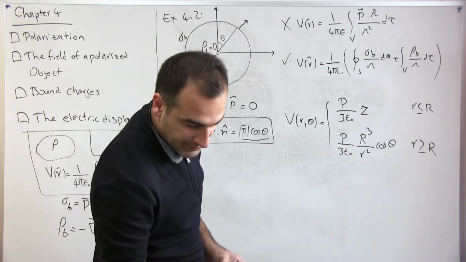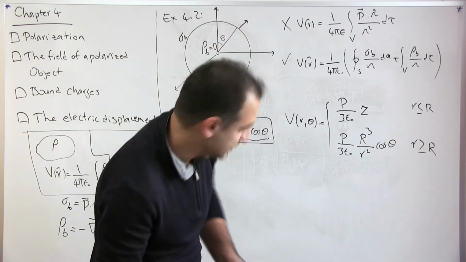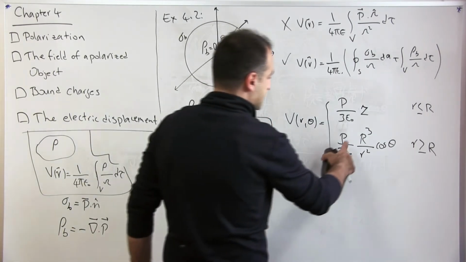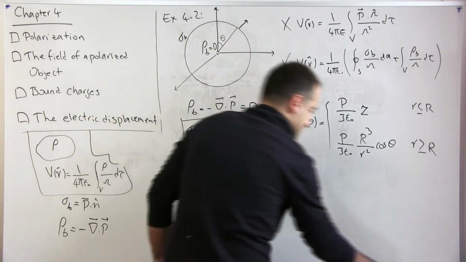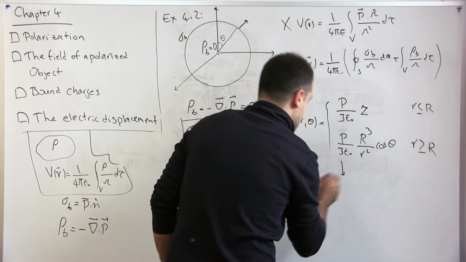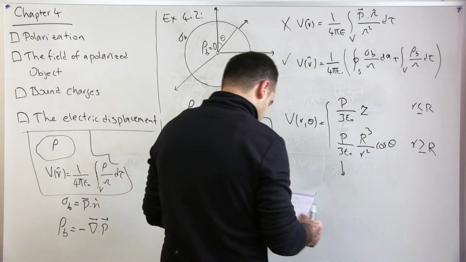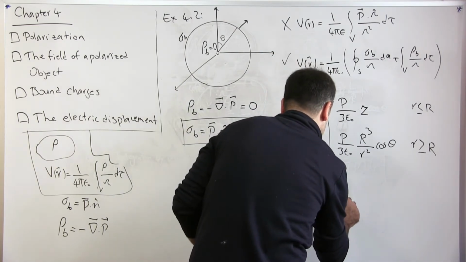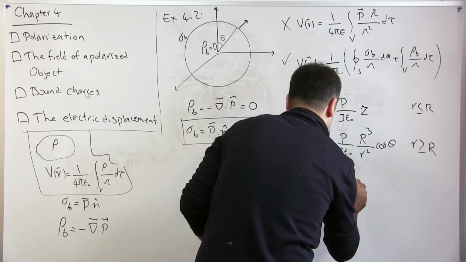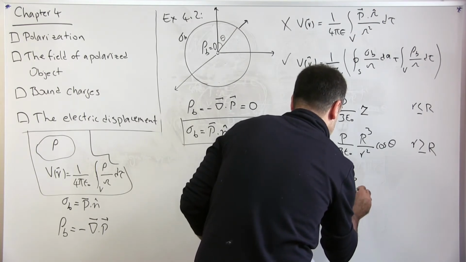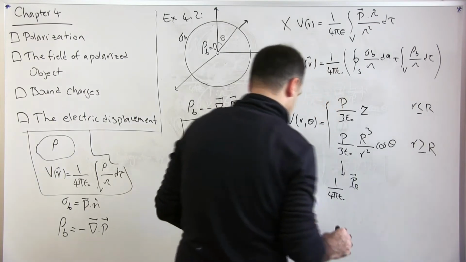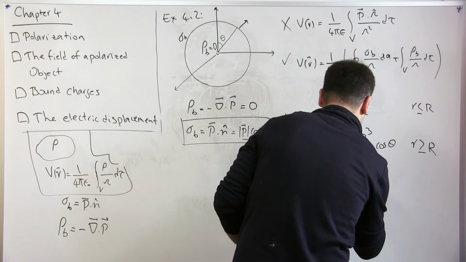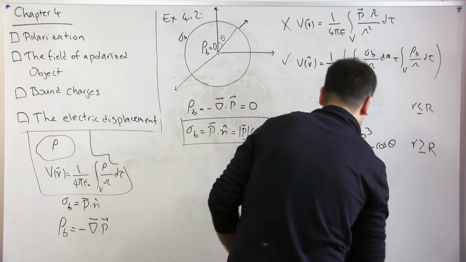Okay, and if you look at the outside, the potential has a very similar form to the potential created by a dipole. So this potential outside the sphere, you can write it in terms of the potential created by a dipole, 1 over 4 pi epsilon 0, dipole moment p dot r hat over r squared.